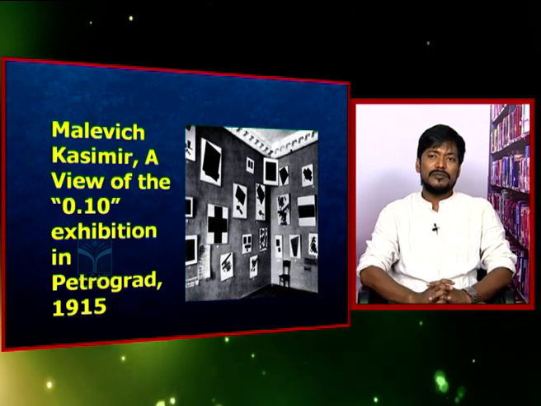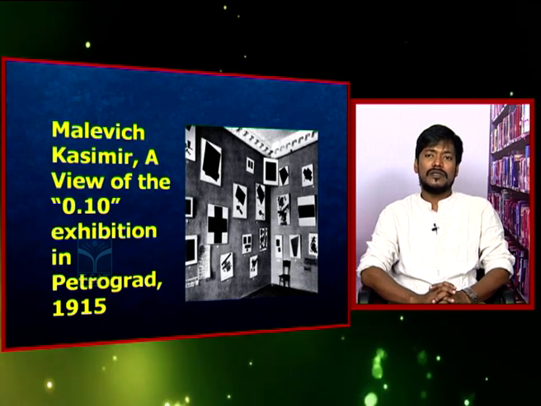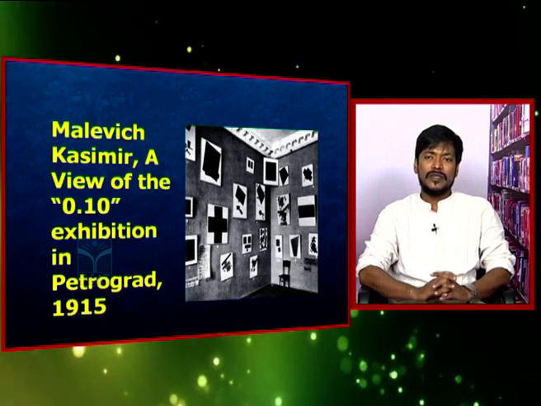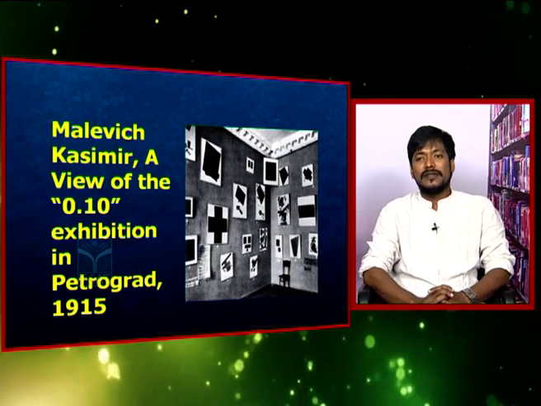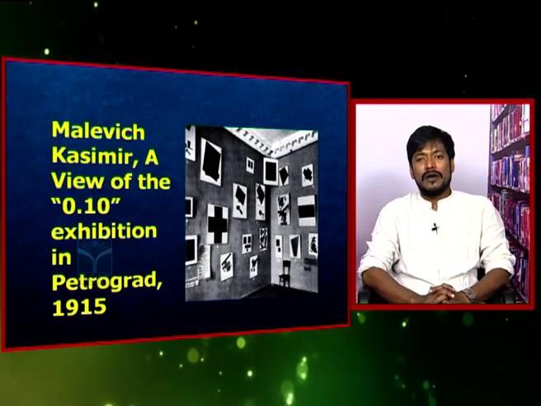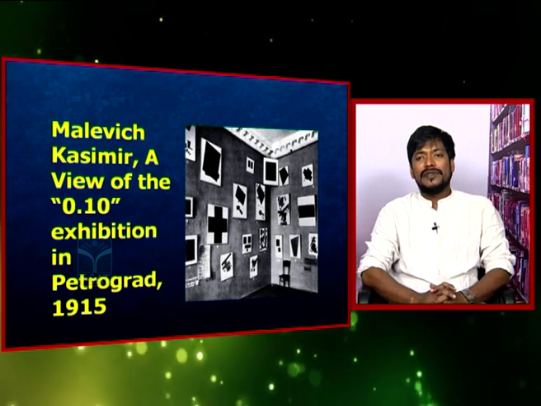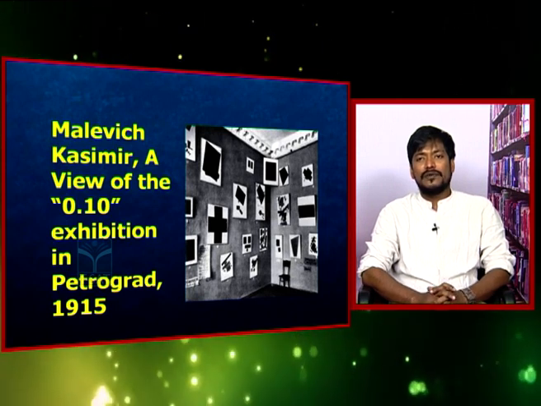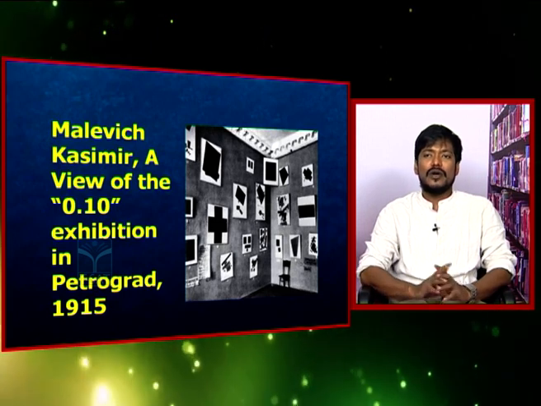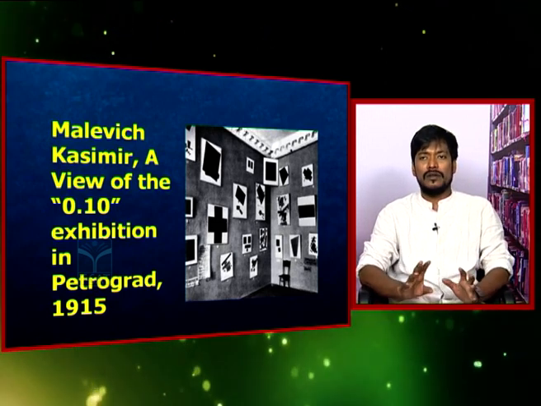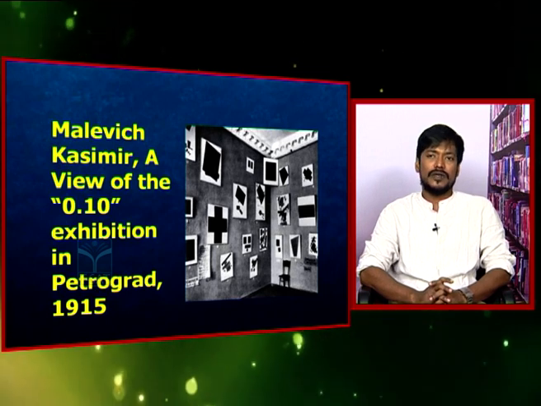So this is an exhibition view called 0.10. This was the title of the exhibition. So in 1915 in Petrograd. What you have here is the kind of display, if you look at, he displayed the paintings throughout the gallery walls, right, which is very unusual.